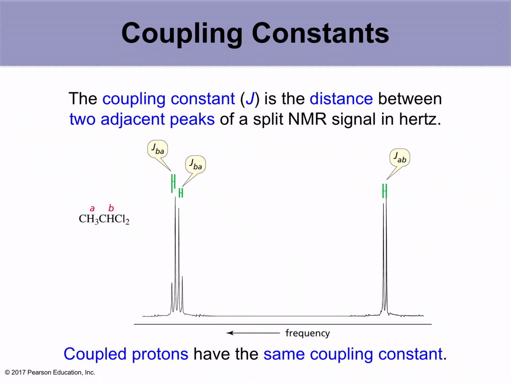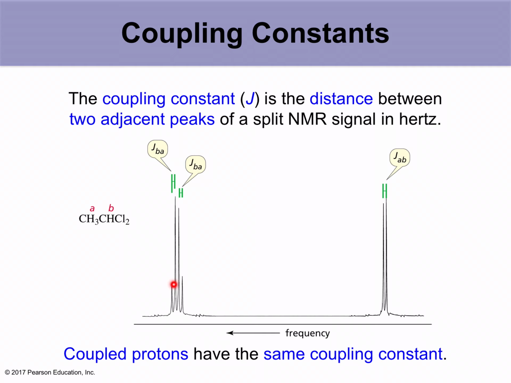Coupling constants. Coupling constant, given the symbol J, is the distance between 2 adjacent peaks of a split NMR signal in Hertz. So between A and B, the coupling constant is measured between these 2 and measured between these 2.